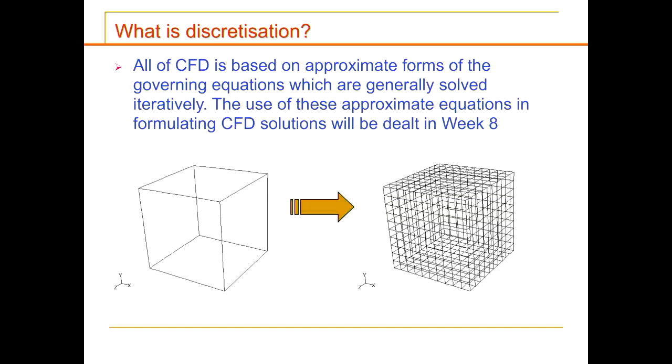Discretization. I talked about CFD equations being converted to algebraic equations and so forth. The transformation of the equation to algebraic equations is via discretization. Take, for example, this room itself. What you try to do here is take the geometry of this room and divide it into small elements. That's what I demonstrated here.